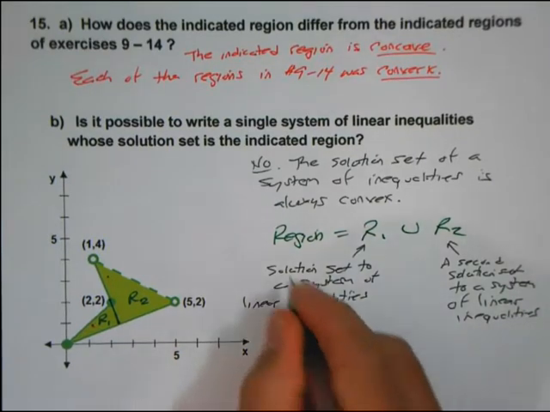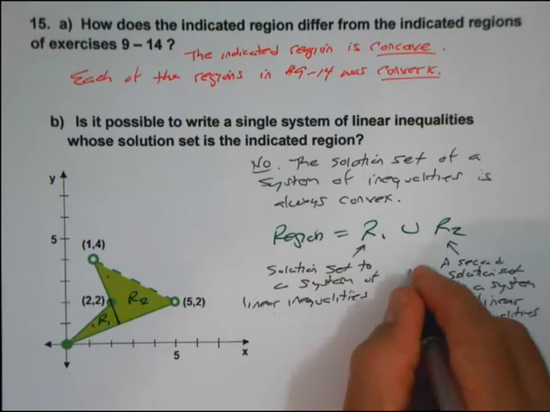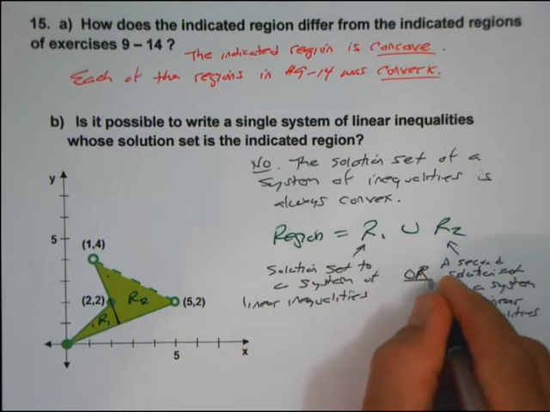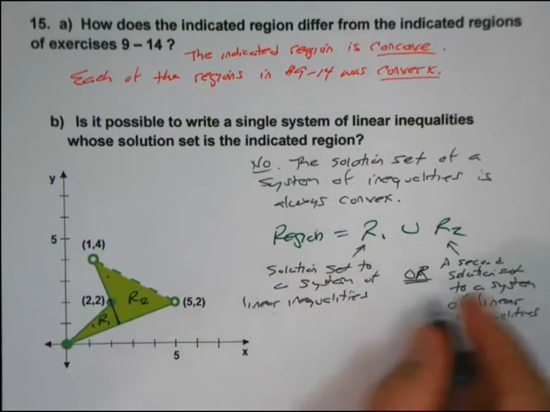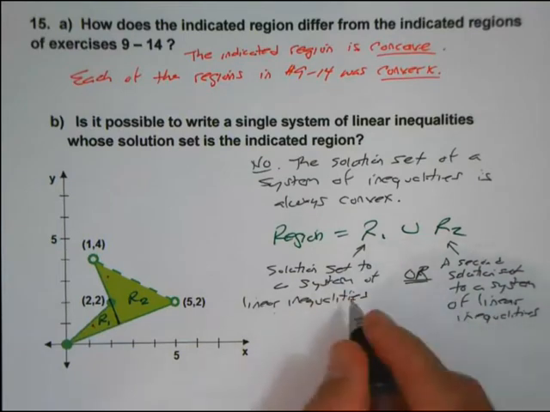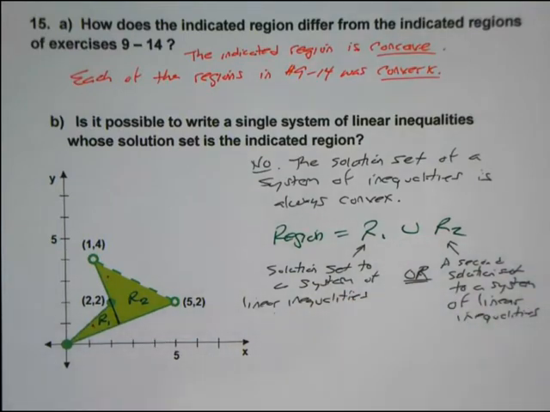And when you've written those two systems, you then have to put the word or between them so that you get the union of their two solution sets to create this indicated region here.